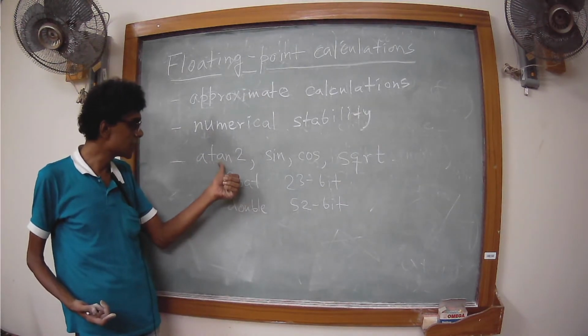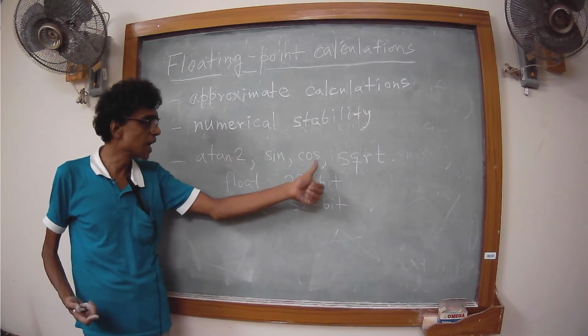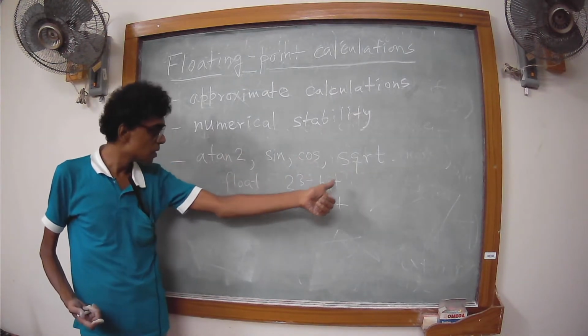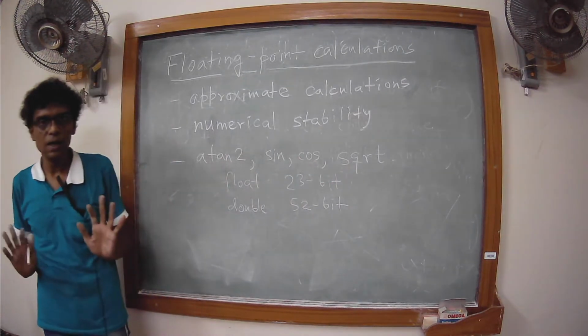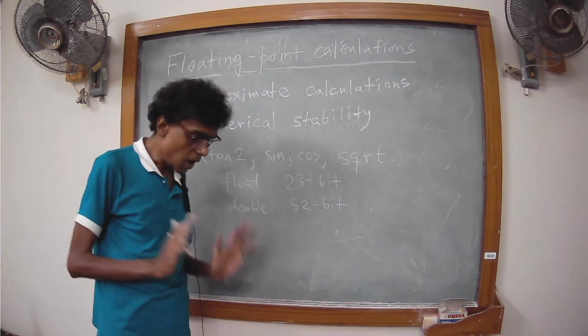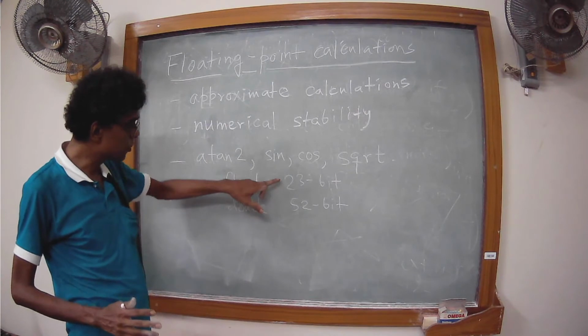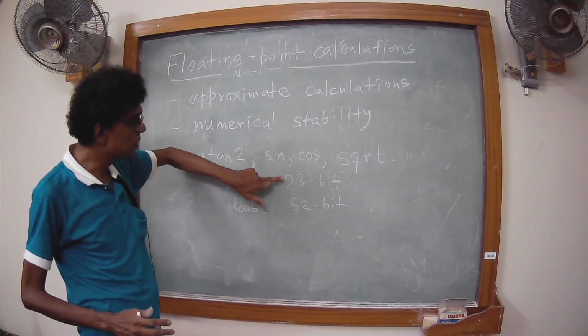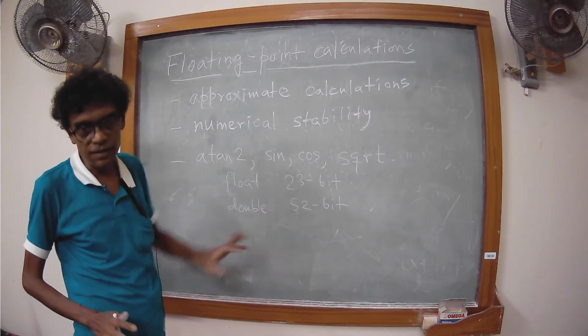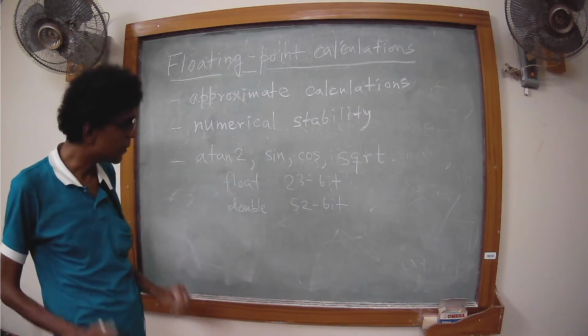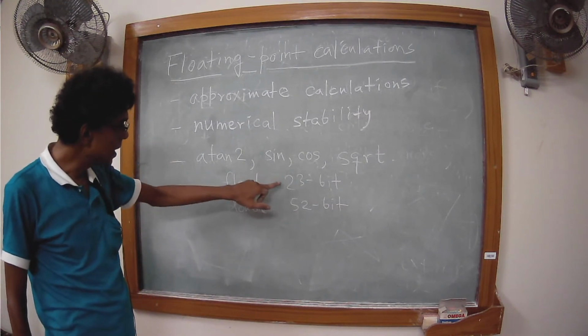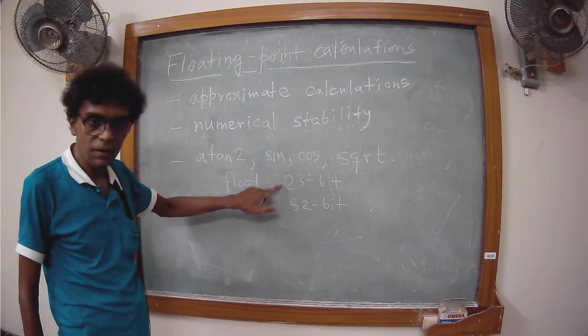So, whether it is arctan 2, sine, cos, tan, square root, they will work and will stop as soon as an accuracy of 23 bits or 52 bits is achieved. Now this 23 and 52 are constants.